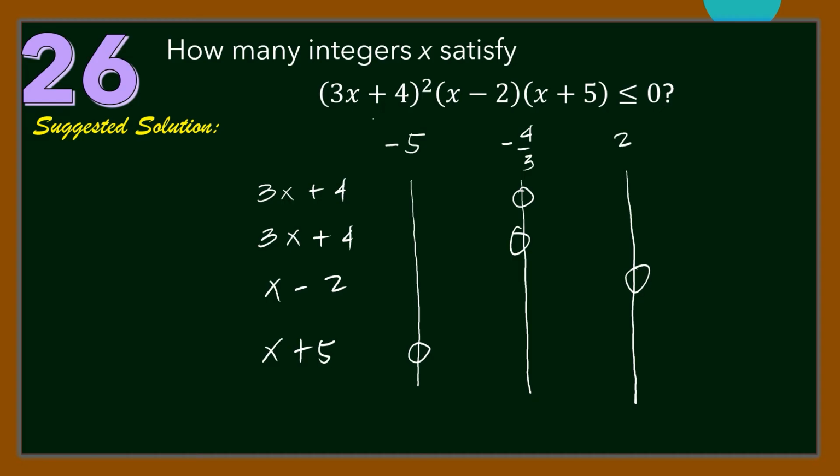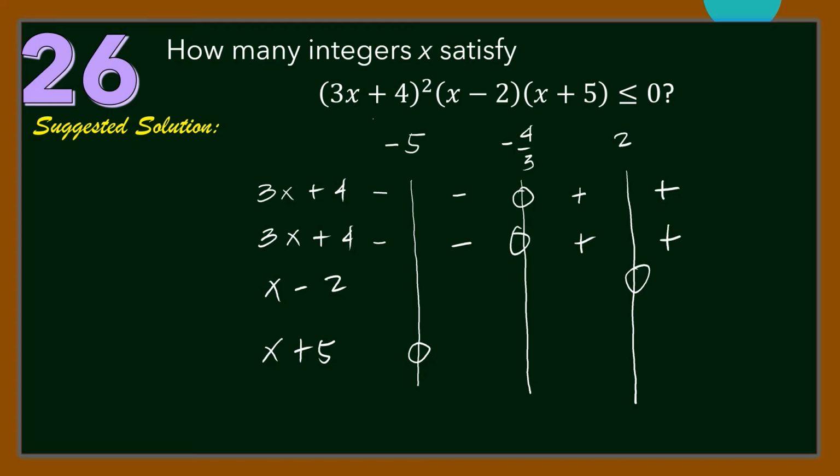Using a test point from negative infinity to negative 5, we have a negative value for 3x plus 4. Also, a test point in the interval (negative 5, negative 4/3), 3x plus 4 is also negative. Any test point on the interval (negative 4/3, positive infinity), 3x plus 4 yields a positive value.